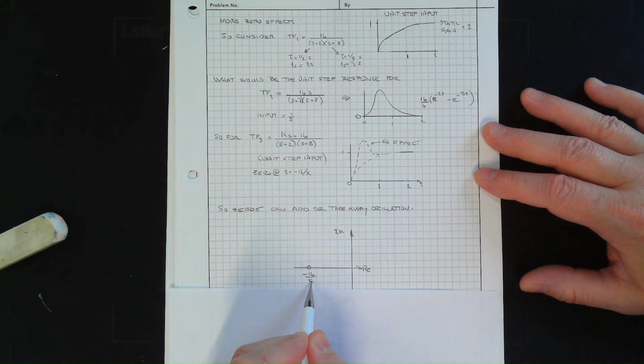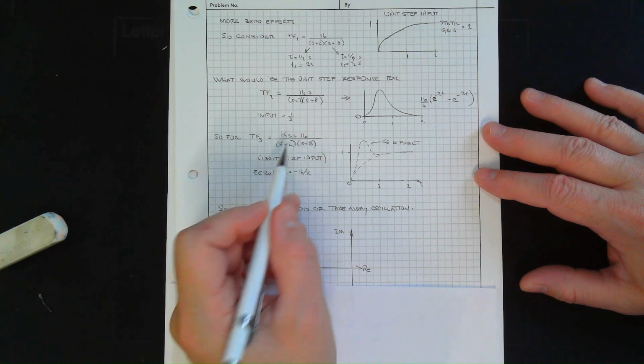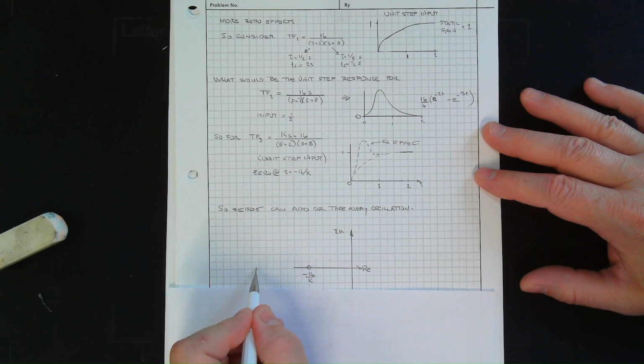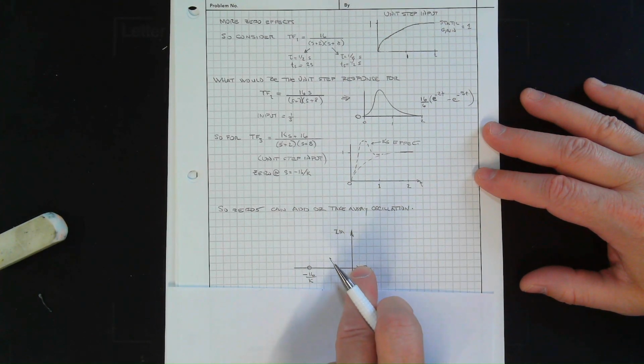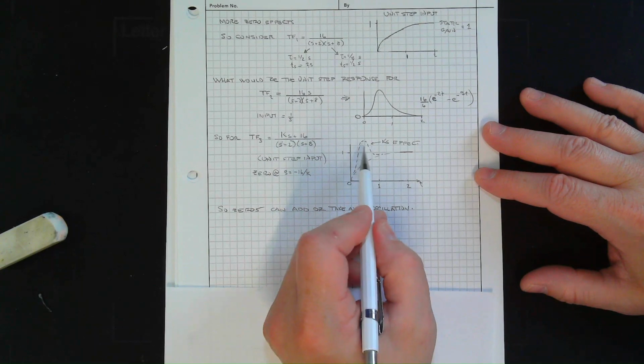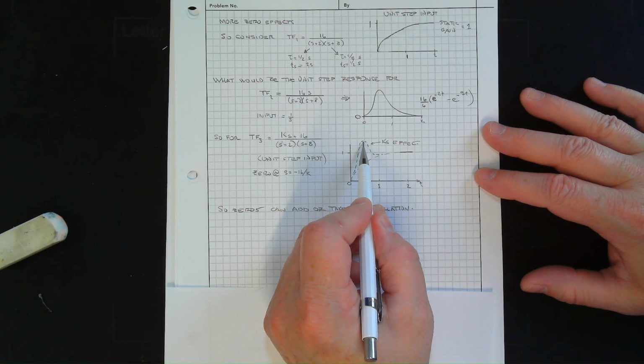But as k gets bigger, the 0 associated with this is becoming smaller, minus 16 over k. If I made k 100, it'd be less than minus 1, out here. It's moving towards the imaginary axis. As k gets bigger, it moves closer to the imaginary axis. And as it does that, this peak gets bigger.